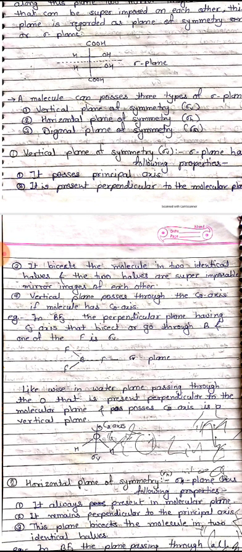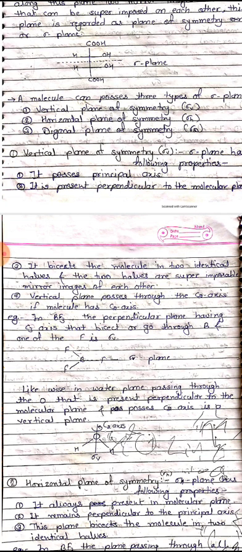Fourth, the vertical plane passes through the C2 axis if the molecule has C2 axes. If C2 axes are present, as in the example of the BF3 molecule, there is a C3 axis along with three C2 axes. Which plane will be regarded as a vertical plane in the BF3 molecule?